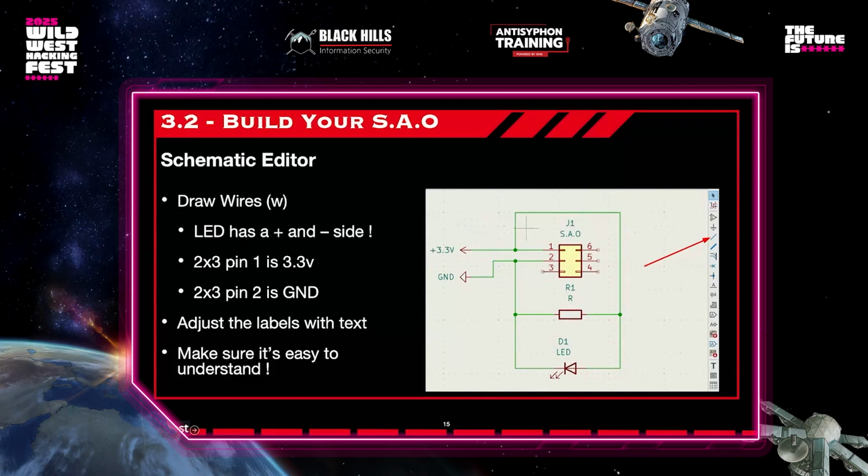The 1 is going to be powered by the voltage, and the 2 is going to be the ground on the Shitty Add-on connector. And make sure that it's easy to understand, because if something is not working, you are going to read that document a lot. So you can add labels and text. Those are not going to be shown on the PCB. It's just like a plan for your schematics.